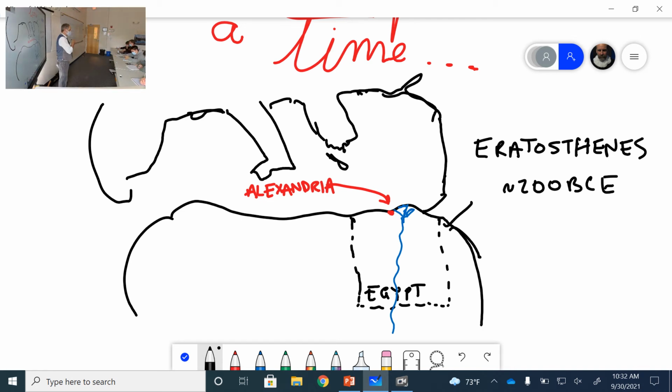And one of the reasons was that Egypt is mostly desert, right? Except for this area right next to the Nile where once a year the Nile floods and covers it with water.